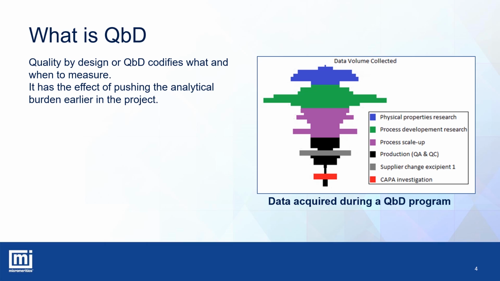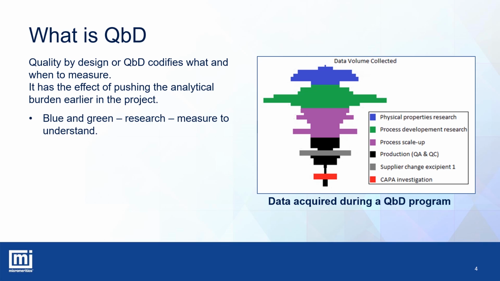As QBD is based on the principles of identifying the critical quality attributes of a product as early as possible and then creating processes that ensure the product is delivered with these properties, this results in the initial stages having a heavy analytical burden. But this creates the potential to have a lower burden later whilst retaining full process control. This shifts the analytical burden earlier in the project.